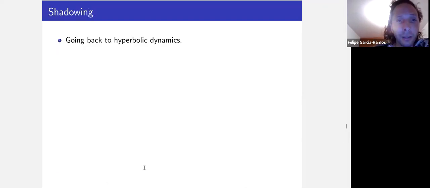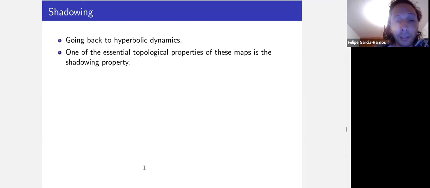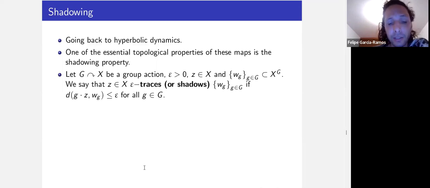Okay, so let me go back to hyperbolic dynamics. One of the properties of the hyperbolic toral automorphisms is the shadowing property. I will state it in generality for group actions. If we have a sequence of elements indexed by the group, and we have a point, we're going to say that this point is similar to this index if it follows, if this is similar to an orbit.